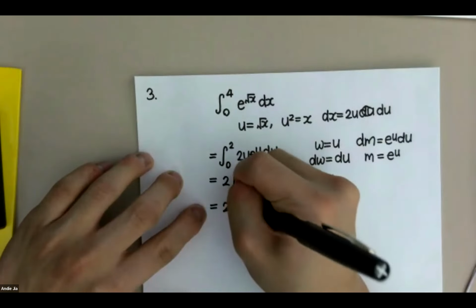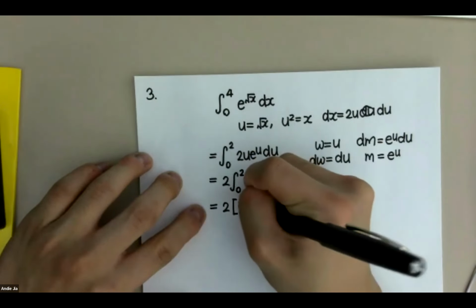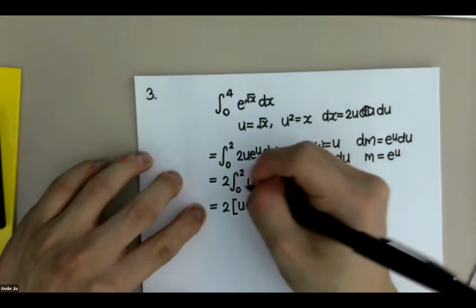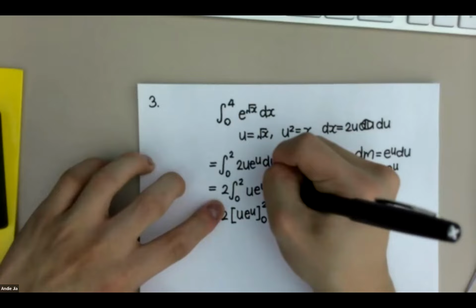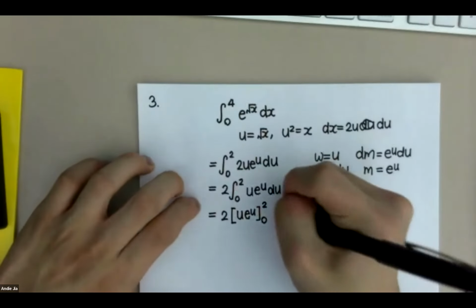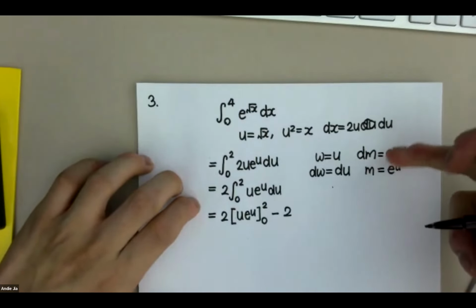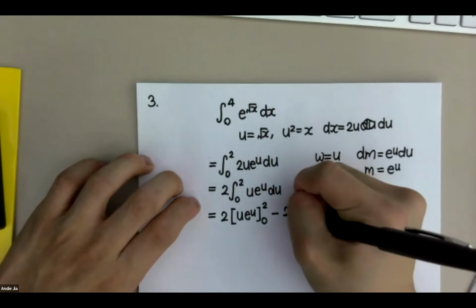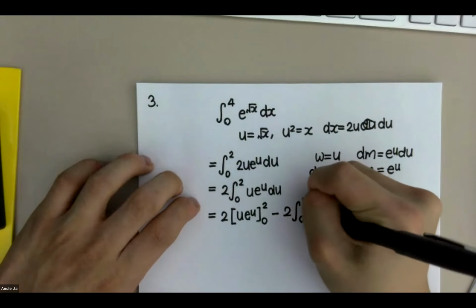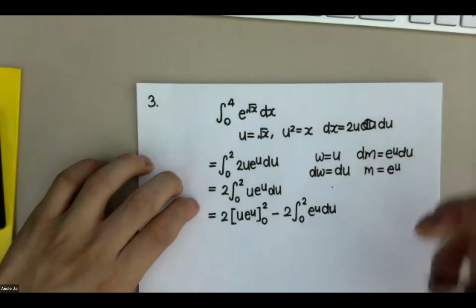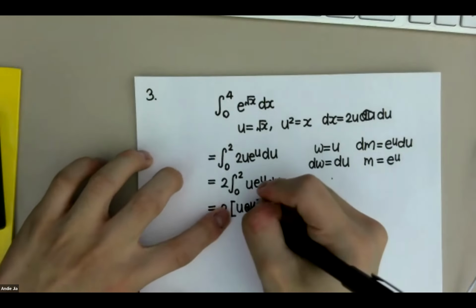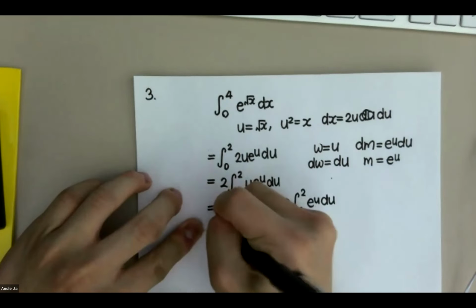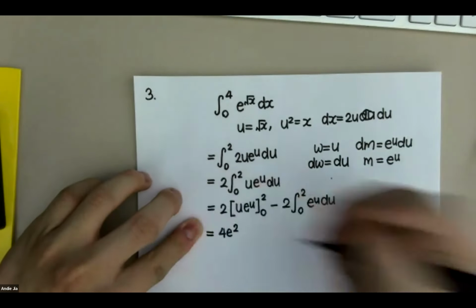It's going to be u e^u from 0 to 2, minus, make sure the 2 applies to the whole thing, the integral of v dw, so this time it's going to be e^u du. So now we have 2 times 2e^2, so this is going to be 4e^2.